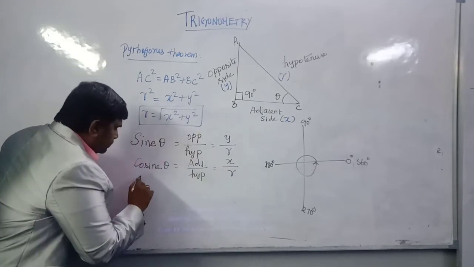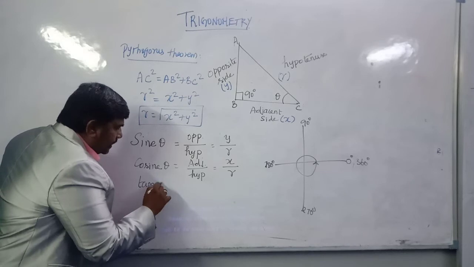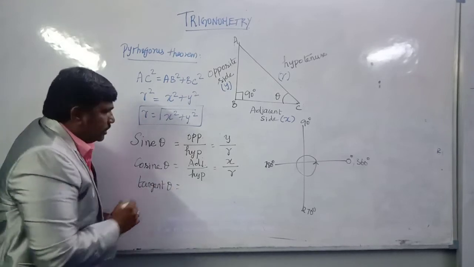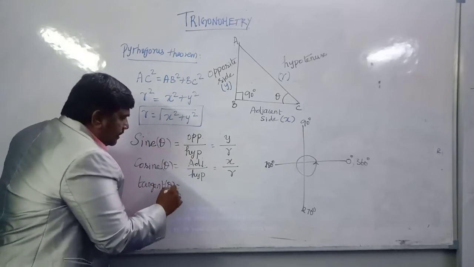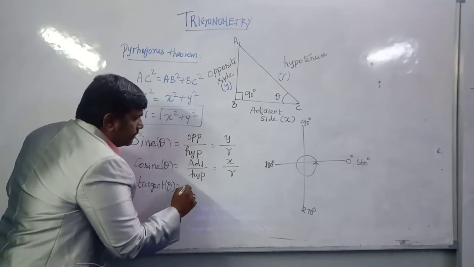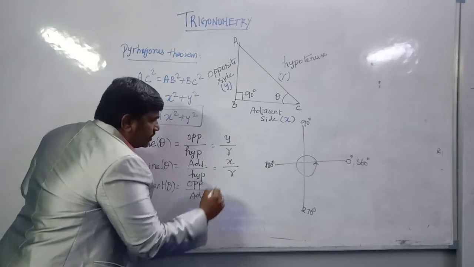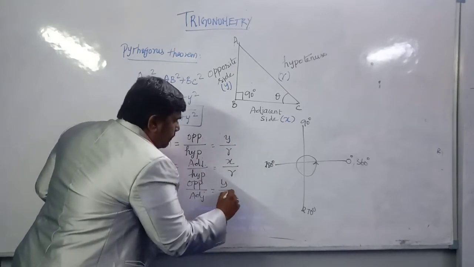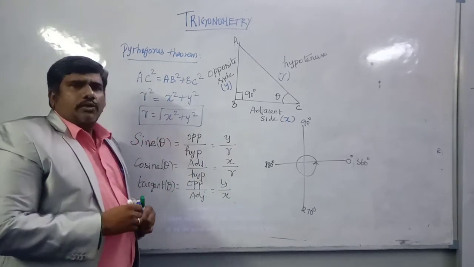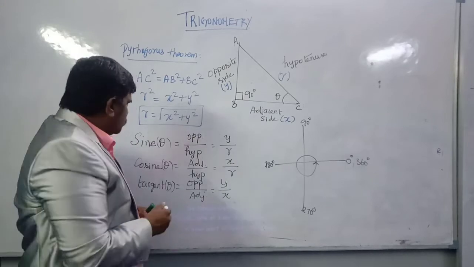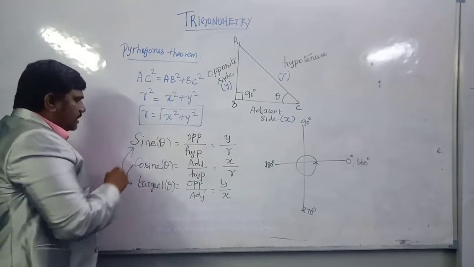The third one is tangent theta, or tan theta. This tan theta is defined as the ratio between the opposite side and the adjacent side, which is y by x. We can do a small manipulation to find the relationship among these three functions.